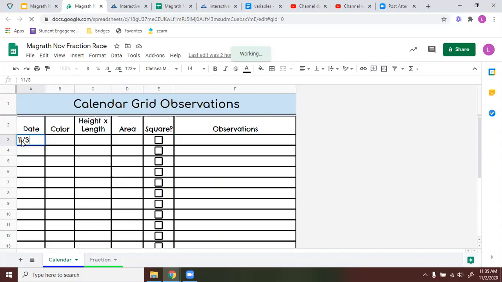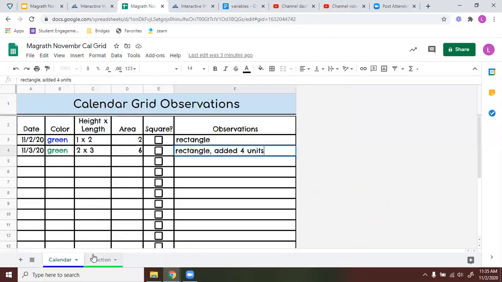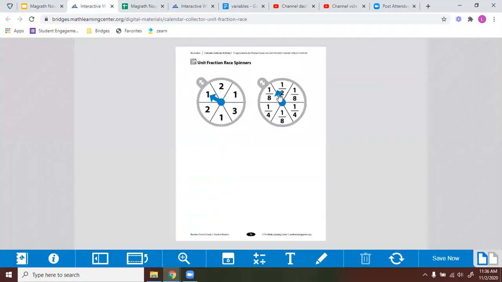Oop, that's not the right calendar grid. This one is. There we go. Today's date is November 3rd. And when I spun, I got 1, and my other number was 1/2. So a 1 and a 1/2.